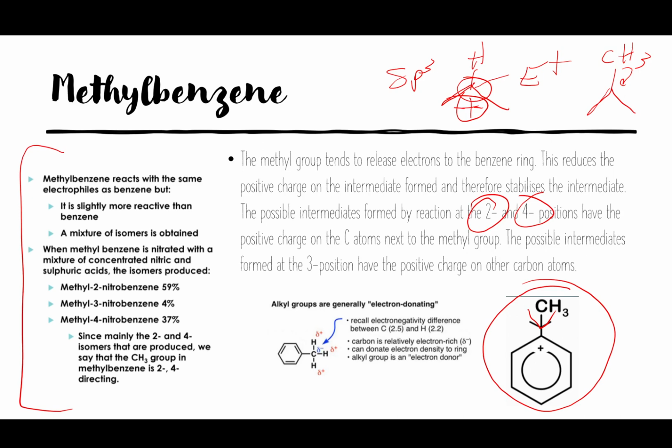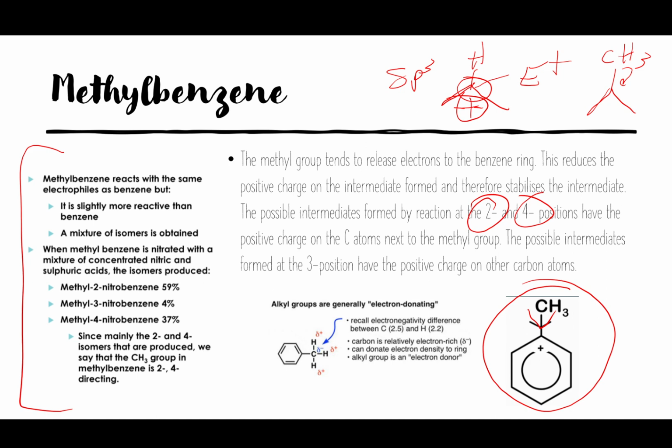Methylbenzene reacts with the same electrophiles as benzene, but is slightly more reactive than benzene. A mixture of isomers tends to be obtained when methylbenzene is nitrated with a mixture of concentrated nitric and sulfuric acids. The isomers produced are methyl 2-nitrobenzene, methyl 3-nitrobenzene, and methyl 4-nitrobenzene.